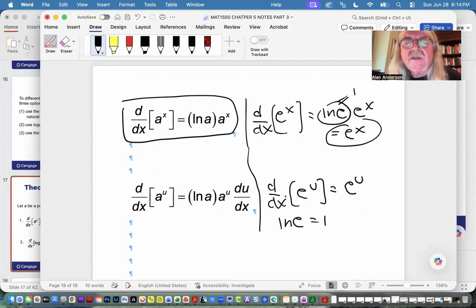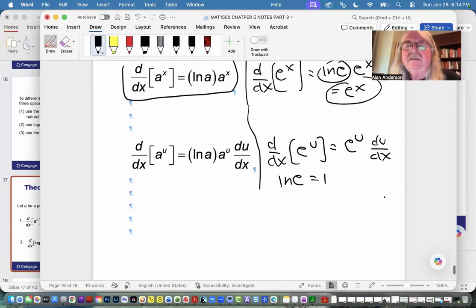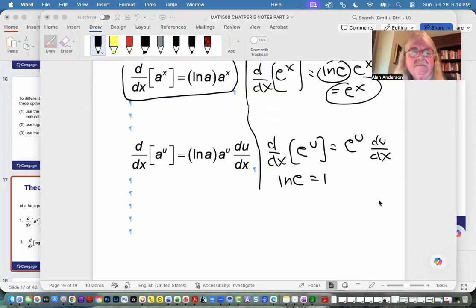So this drops out, and that just leaves e to the u du dx. Oh, I'm sorry, I left this out. And so that's why it's the same thing, except that you need to explicitly write the log A because it's no longer equal to 1.